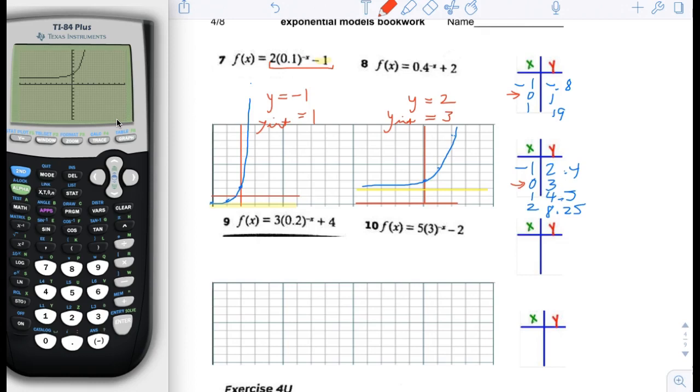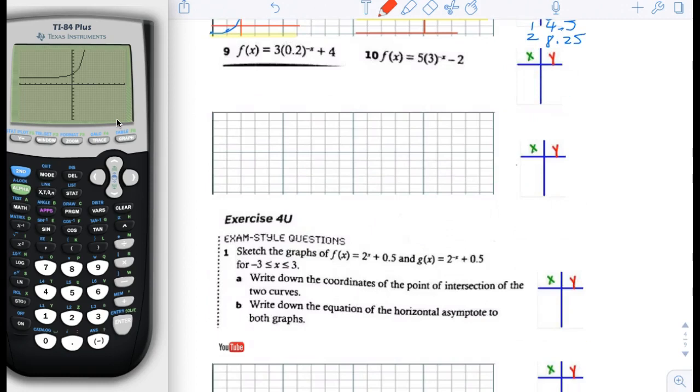Okay, and we can confirm that in our drawing too. Look, there, 1 and 3. Okay, let's look at number 9. So we're going to put 3 parentheses, 0.2, close parentheses, to the negative x plus 4. So we can see that our horizontal asymptote is going to be 4.